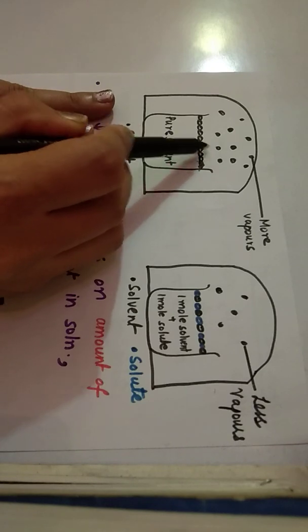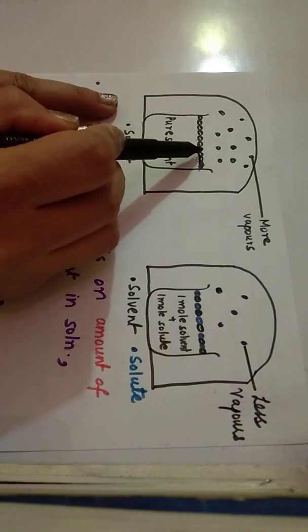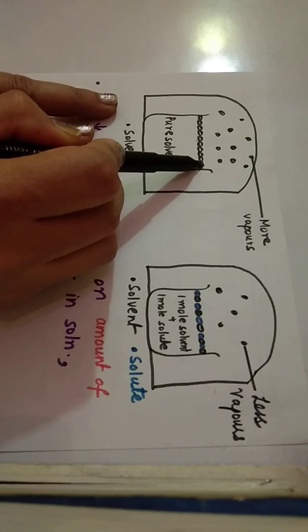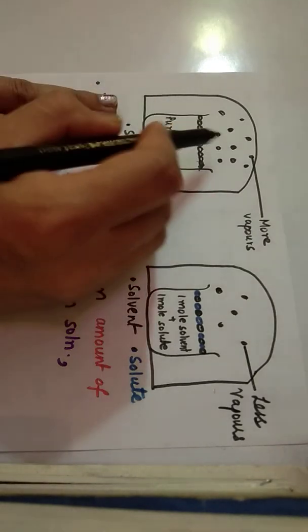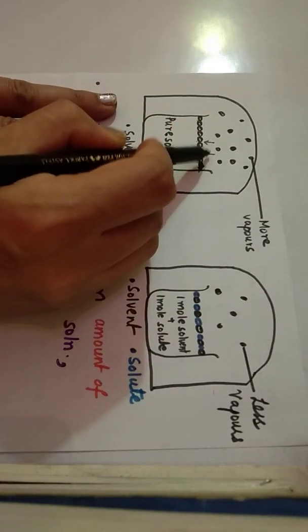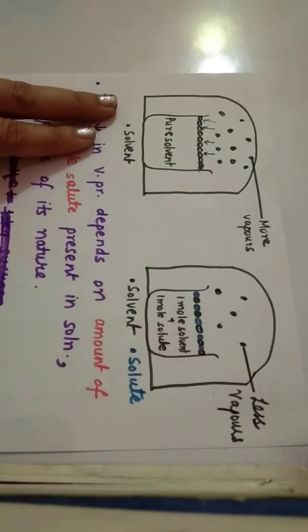So these molecules will vaporize. As these molecules are volatile, more vapors are produced, and as more vapors are produced, the vapor pressure on the surface of the pure solvent is higher.